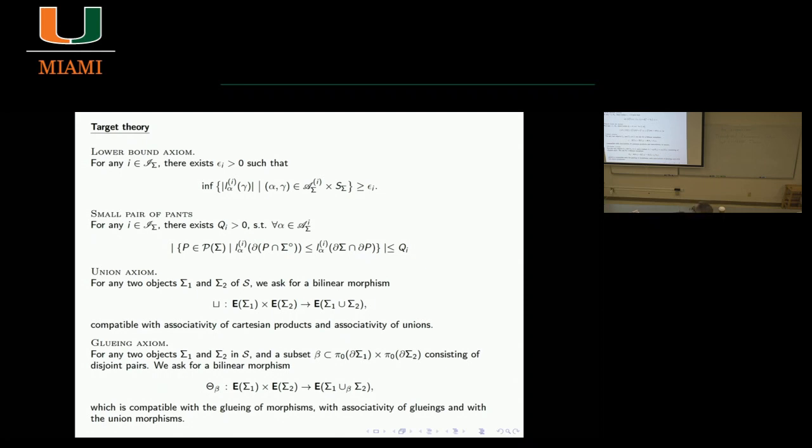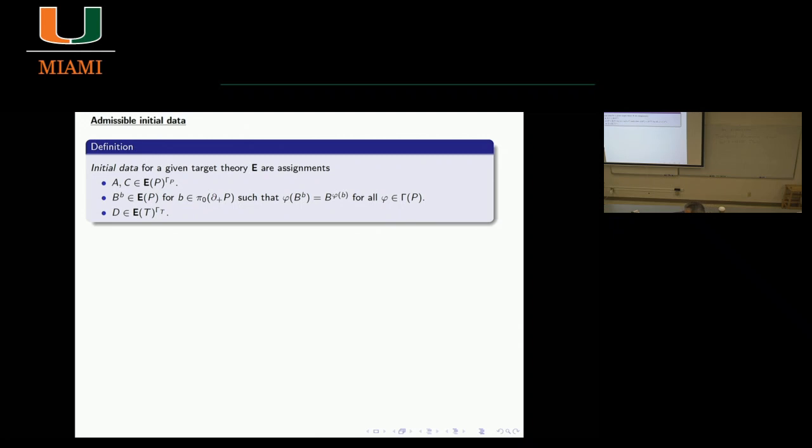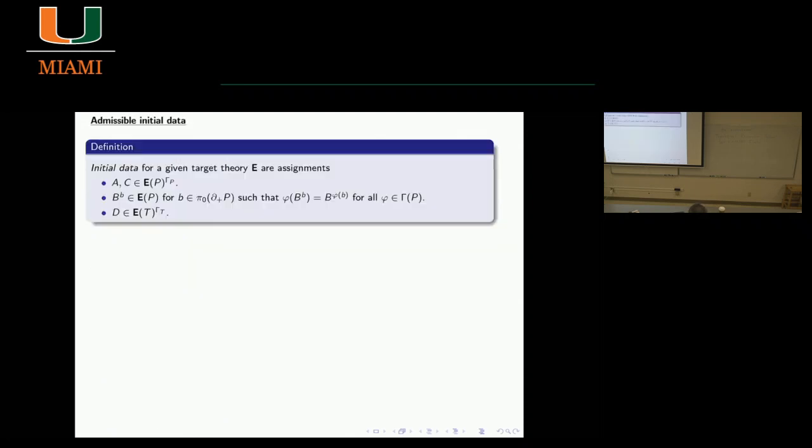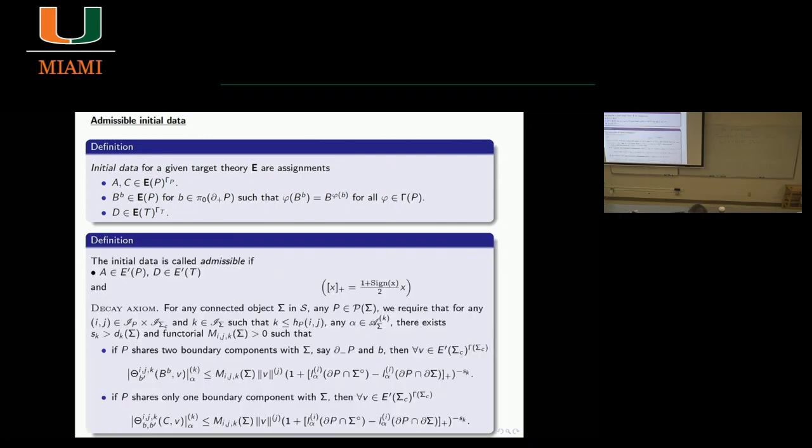We're going a little slow here, but okay. So we need union axioms and gluing axioms, right? We need morphisms like this and morphisms like that. But this I think you already understood, so we don't need to discuss that anymore. There are details about what kind of associativity they have to satisfy, but that's not so important. Okay, so now initial data, as before, A, C, B, and D. And here is the precise condition that this initial data has to satisfy.